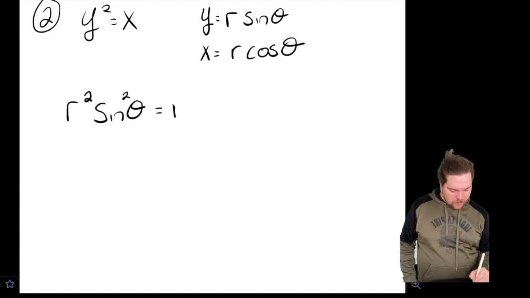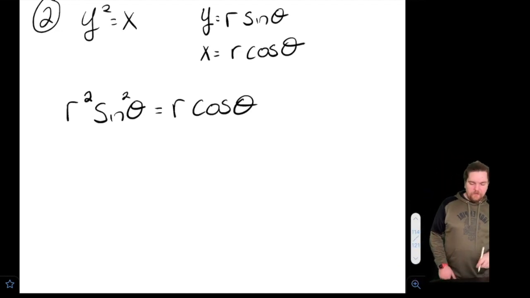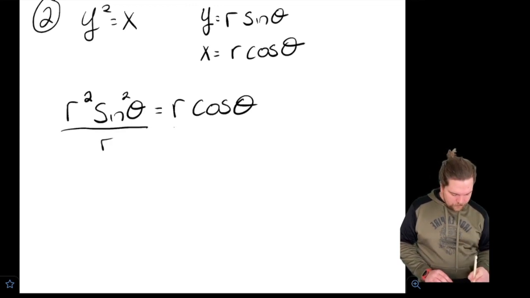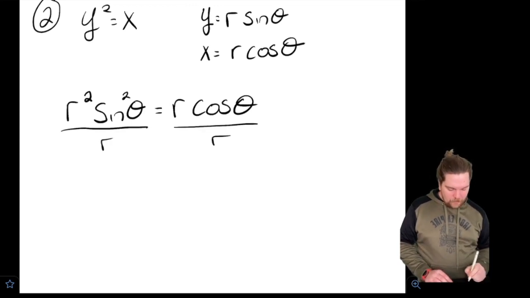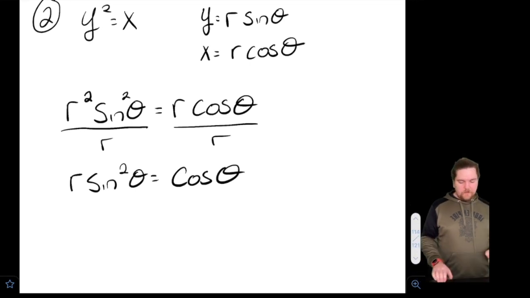Well, x is just r cosine of theta. Let's go ahead and manipulate this a little bit. Maybe we can divide both sides by r. And now we're left with r sine squared of theta is equal to cosine of theta.